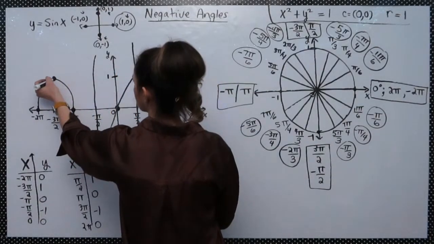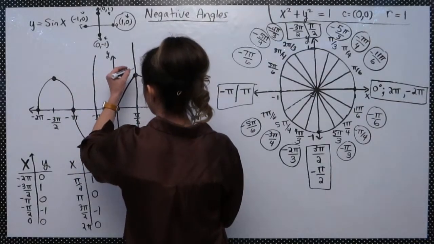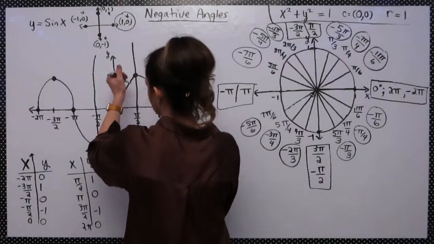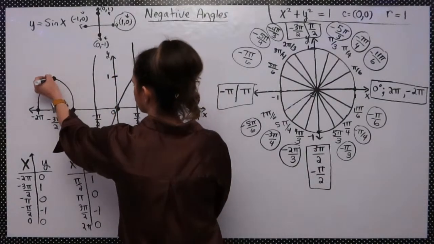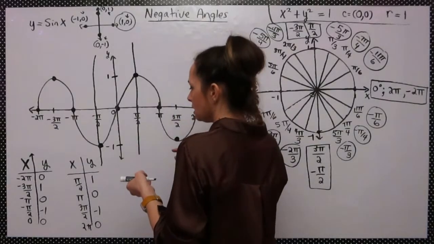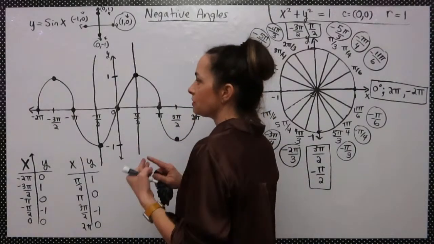You can't have multiple values in your domain and have it be invertible, to be able to find the inverse of that function.